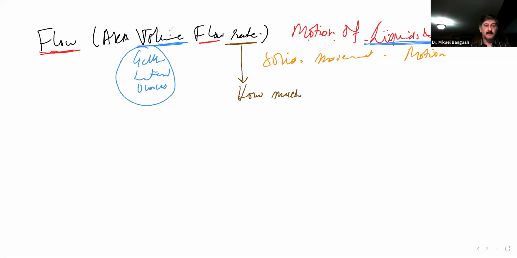So how much of the liquid is moving? Another thing that you will need to do when you see the word rate is, because it's how much, usually in a unit of time.